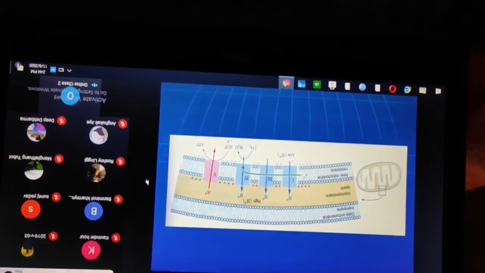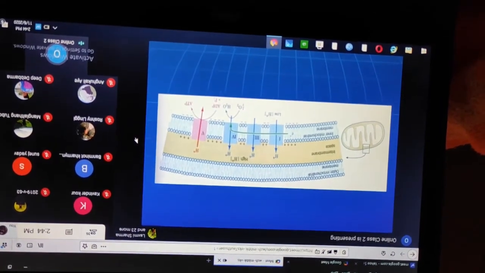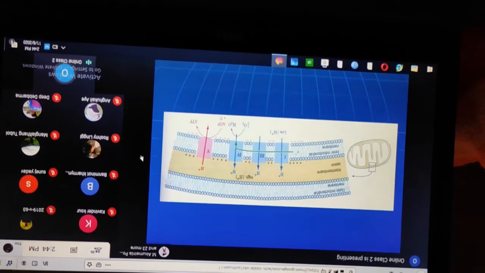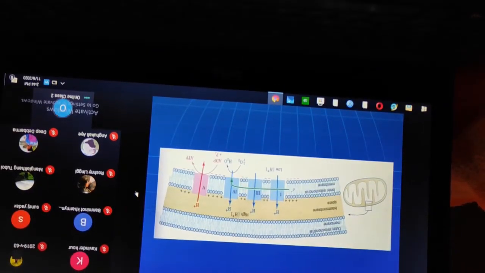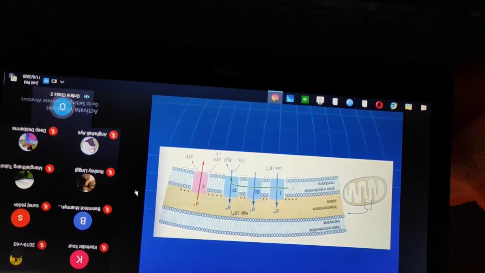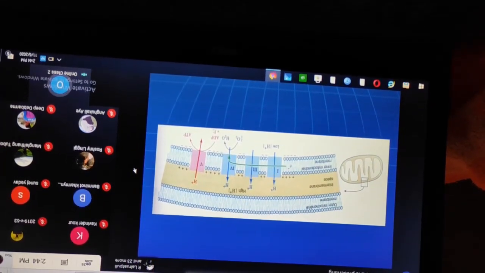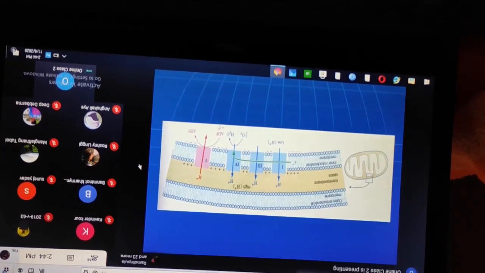But we know that the inner membrane of the mitochondria is highly impermeable to protons. So these protons from the intermembrane space cannot pass through the membrane. That is the reason why there is a difference in the concentration.